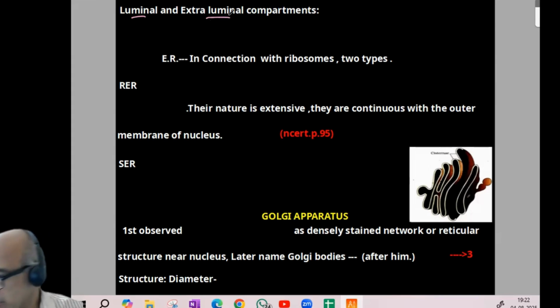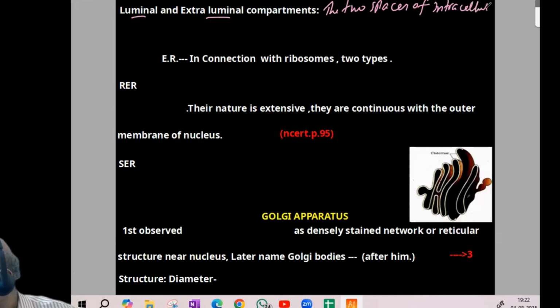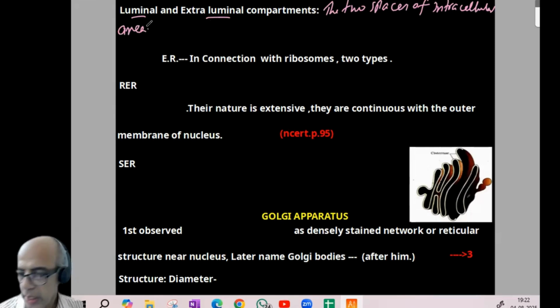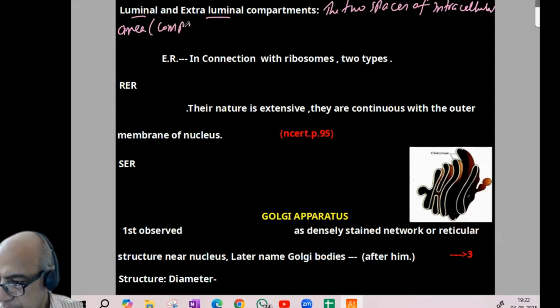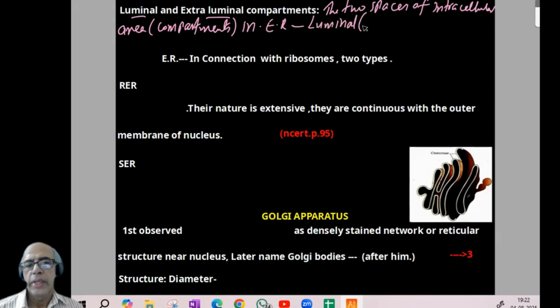These are the two intracellular compartments.